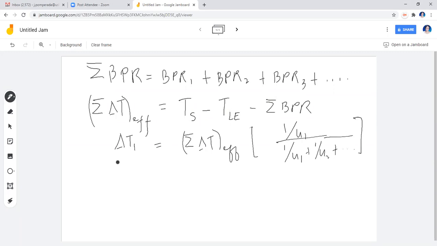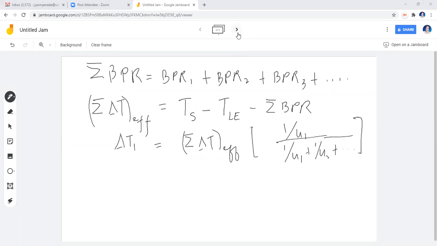So the only thing that changed here is this formula, because you already subtracted the BPR. And the formulas for determining delta T1, delta T2, and delta T3 will still be similar in form to no BPR, but we just changed this one. Instead of summation of delta T, it's now delta T effective.